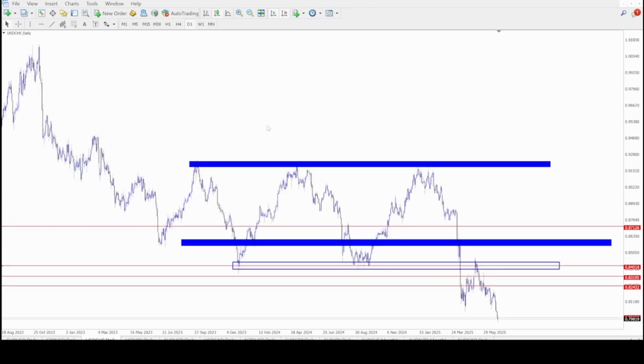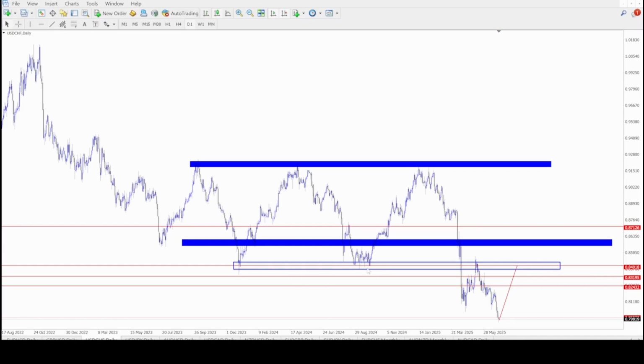Now, this is what will be my expectation. The market has pushed lower, right? So now there's a possibility here that if price returns to the 0.82432 or the 0.83195 or even the 0.84018 zone.